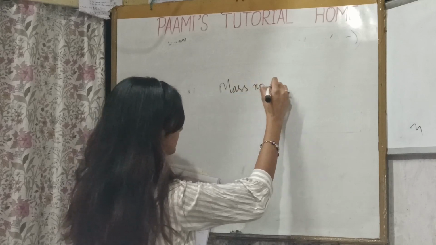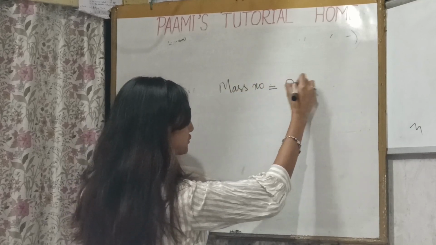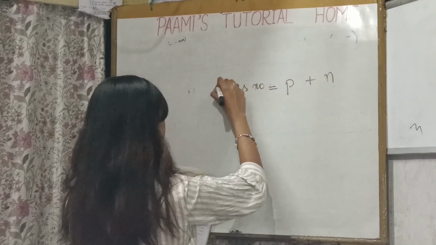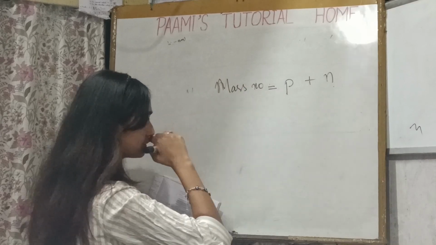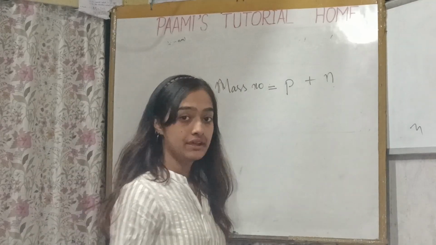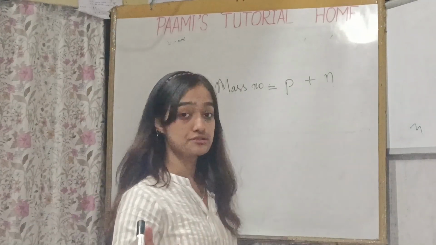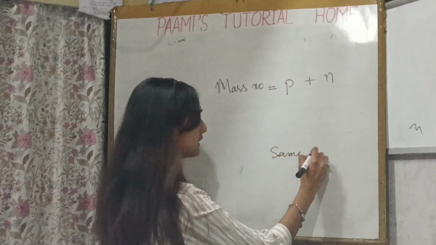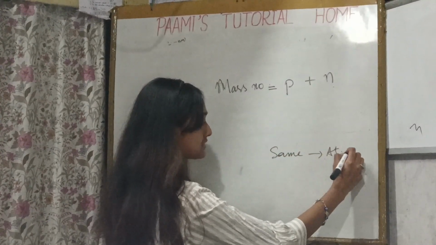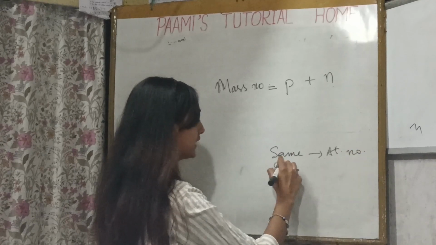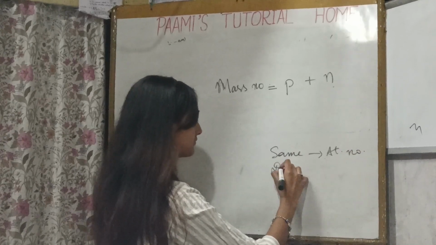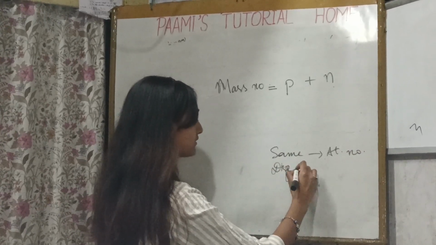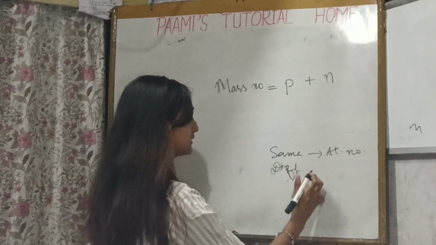Mass number is equal to protons plus neutrons, right? So, what are isotopes? Isotopes have the same atomic number, and what is different in them? The difference in them is their mass number, right?